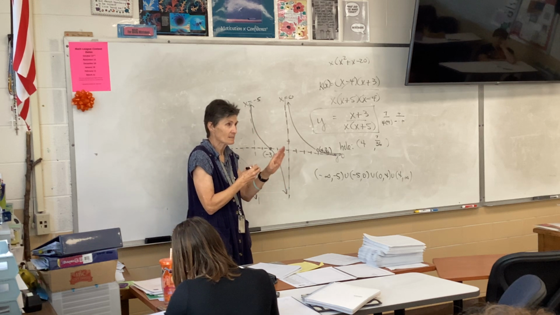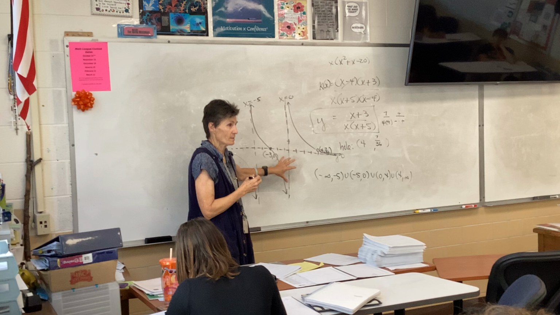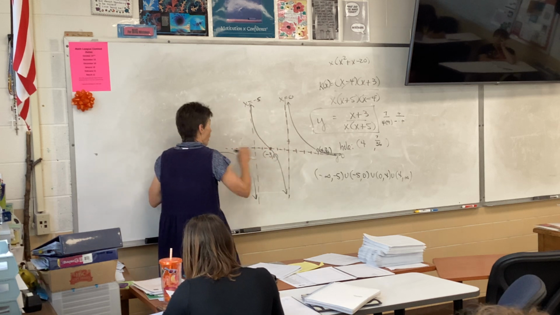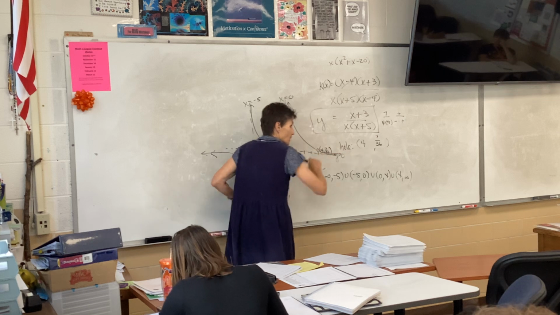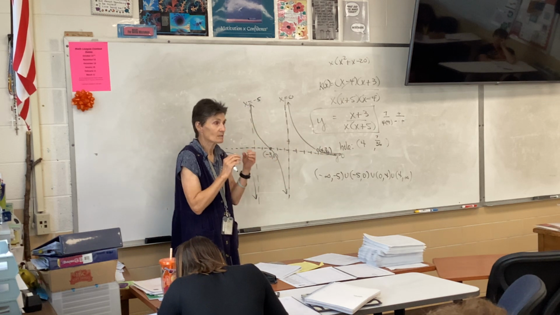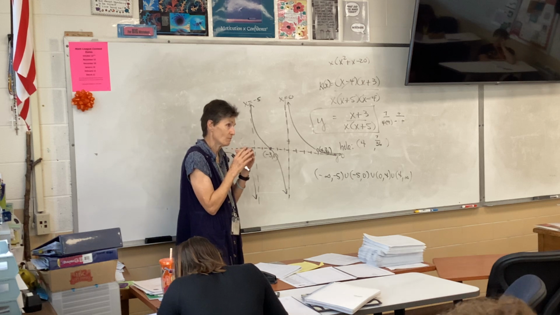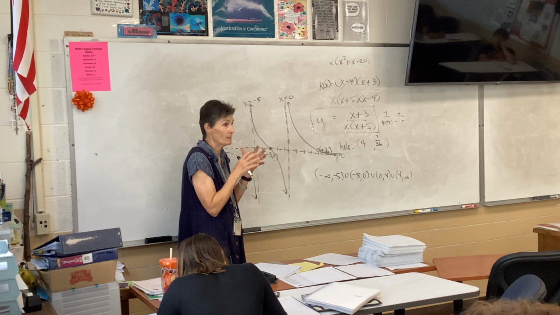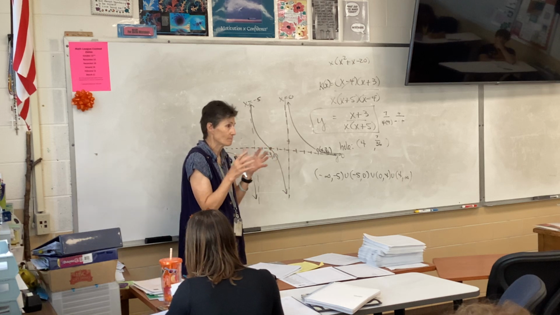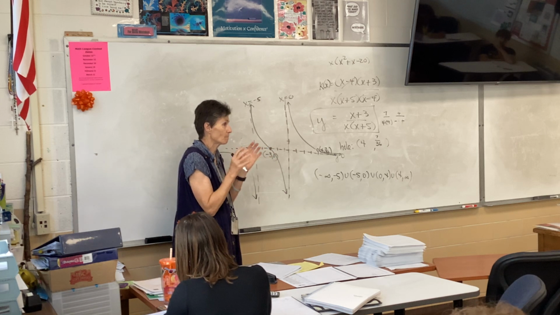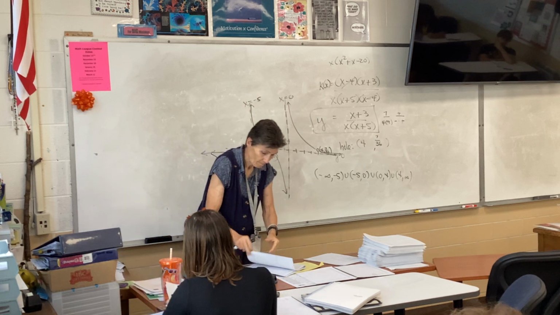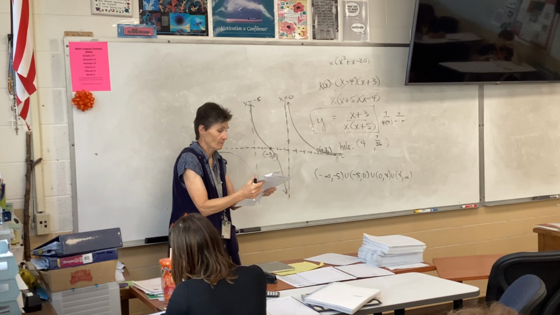Okay, does that make sense? You can cross a horizontal. Eventually, it'll level off and approach. You will never cross a vertical because verticals are not end behavior. What are verticals? Undefined, right? And that's non-touchable.